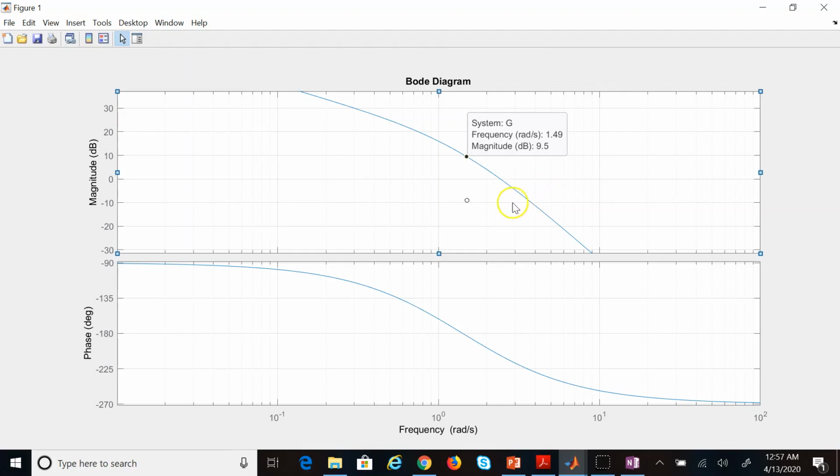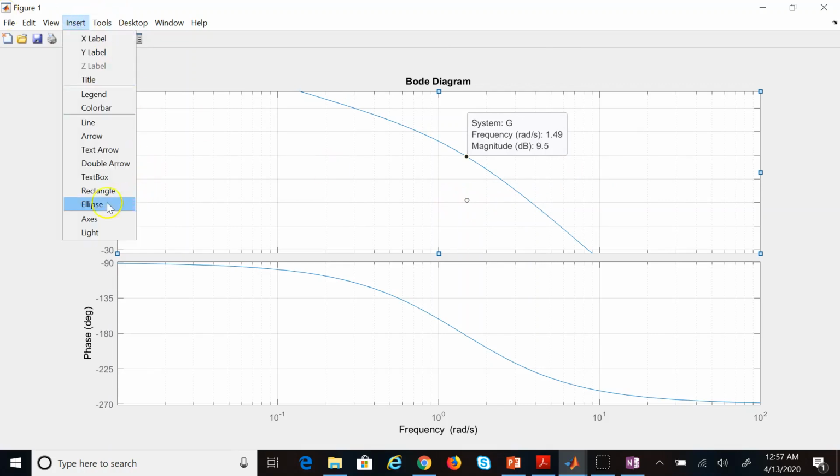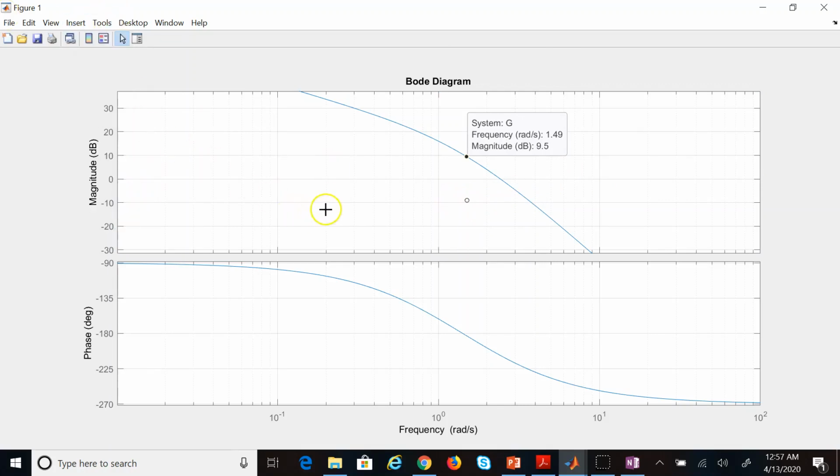And now through this point, you pass a line with positive 20 decibel per decade. So I insert a line, make sure my line has positive 20 decibel per decade. In other words, between two vertical lines, which is 1 decade, it goes up 20 decibel, like from negative 20 goes to 0, right?